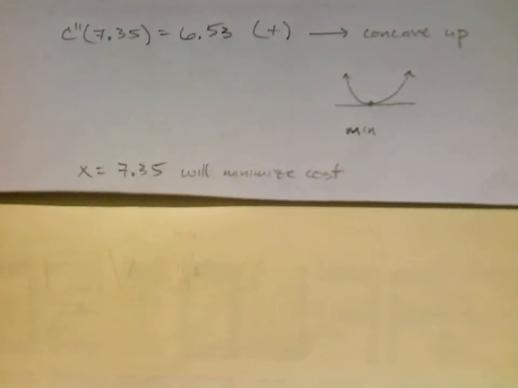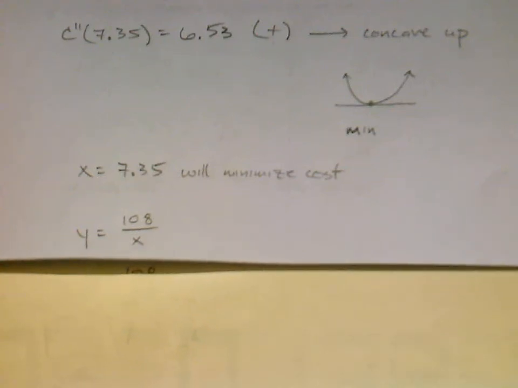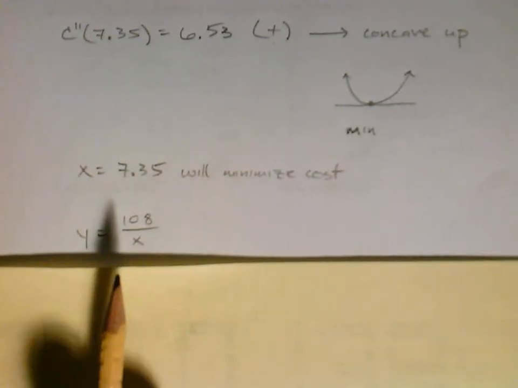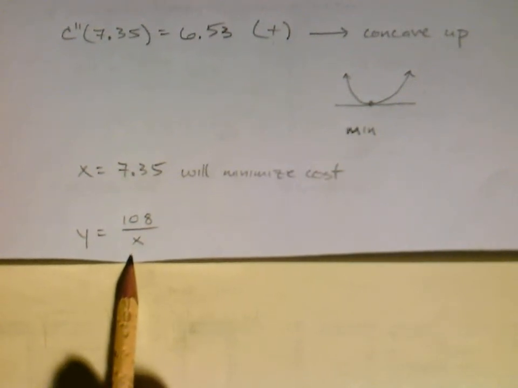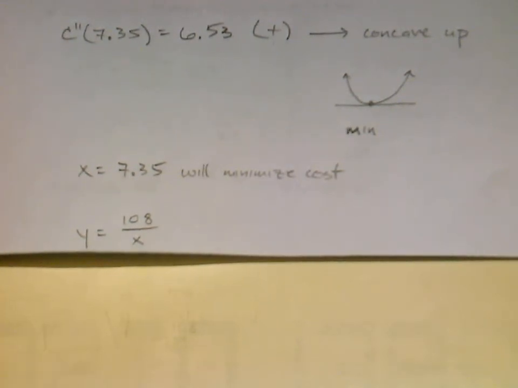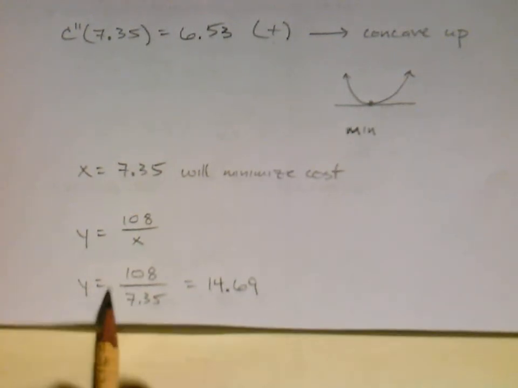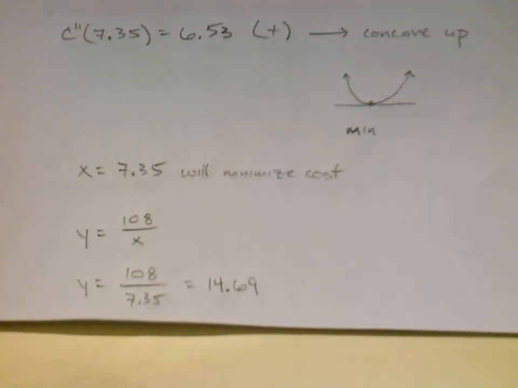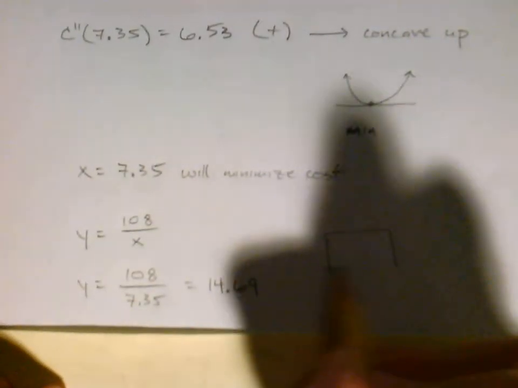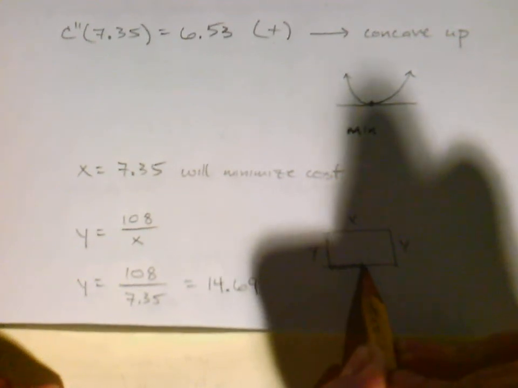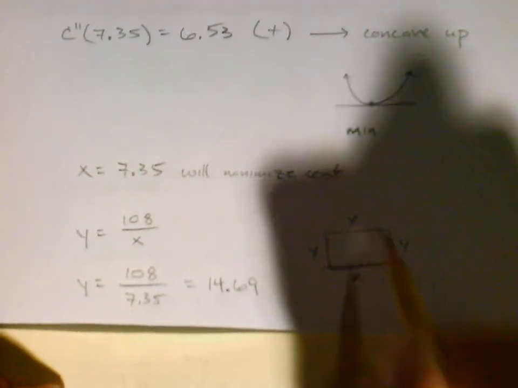And we can now answer the question. What was the question? Find the dimensions to minimize cost. So we know the x value. We got to go back and find the y value for that rectangular region. So we'll plug the 7.35 in, and we'll realize that y, in that first rectangle, was it y, x, and this was the more expensive side down here, x.